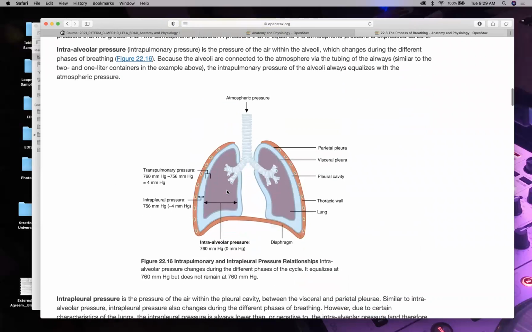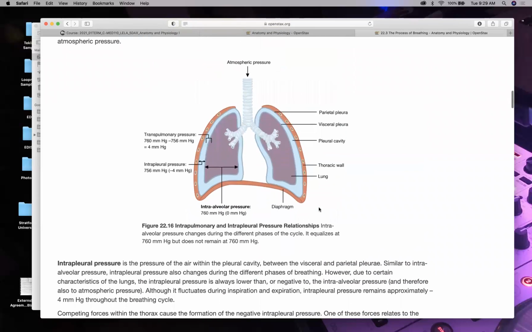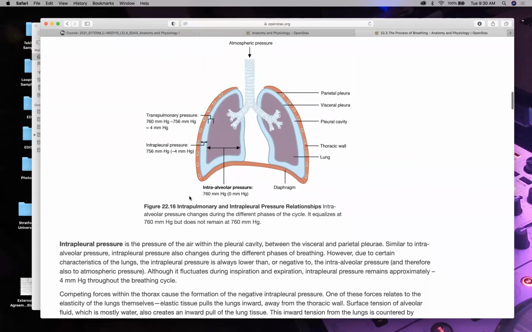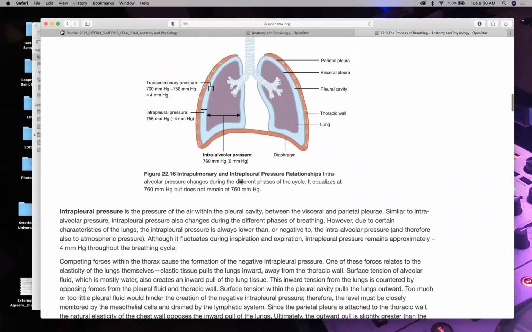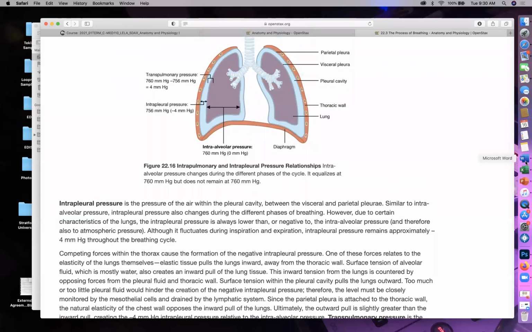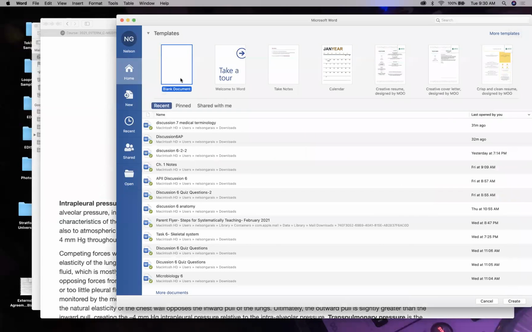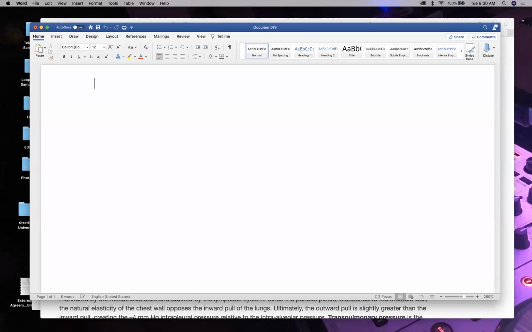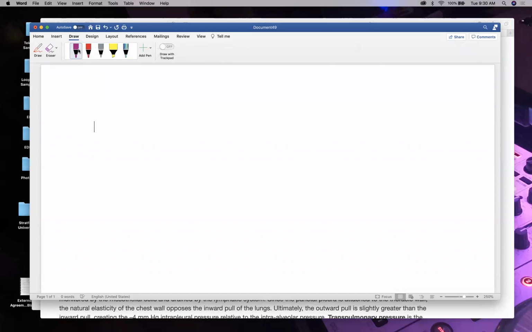So knowing that, how do I breathe? Well, it's because of pressures, okay? So you don't have to memorize these numbers, but just know that when you're, let's draw a diagram. I think that'll be a little easier to do. So let's draw something.